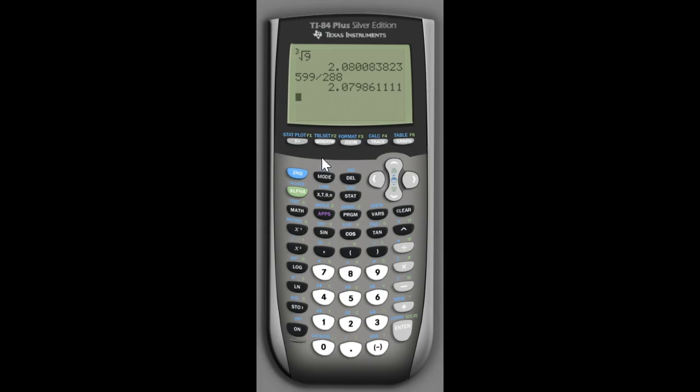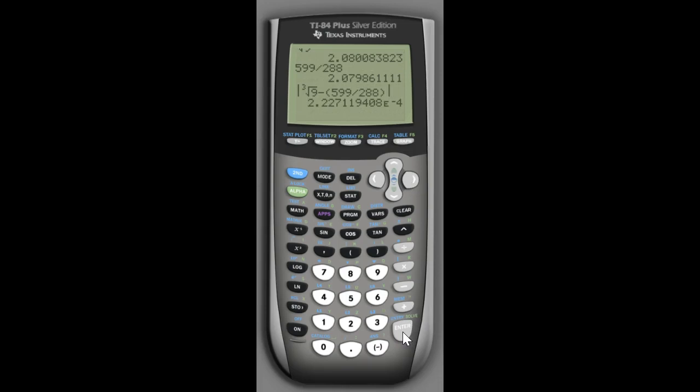So let's see. If I actually take the absolute value of the cube root of 9 minus the quantity 599 divided by 288, that's my error.